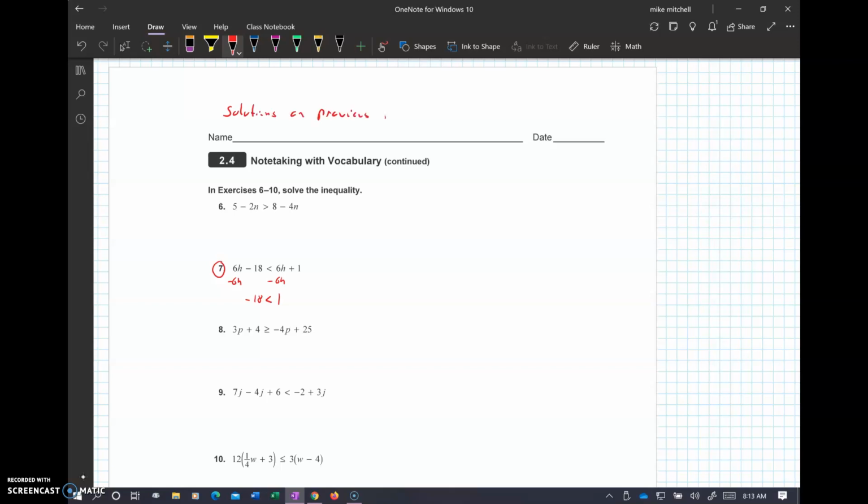I should have put them on this page, but I didn't. Will live. At least you got them out there. This is true, so this is going to be all real numbers for my solution, or h equals all real numbers.